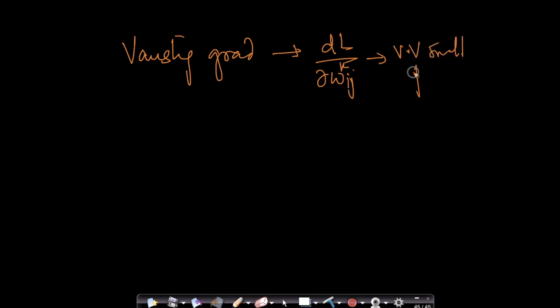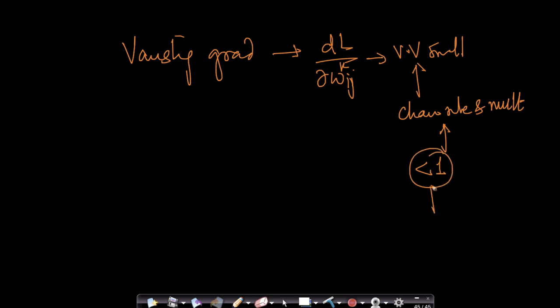And why is it becoming very, very small? Because of your chain rule and multiplication of derivatives, each value being less than 1. And this is less than 1 because you're using a sigmoid or a tanh activation.